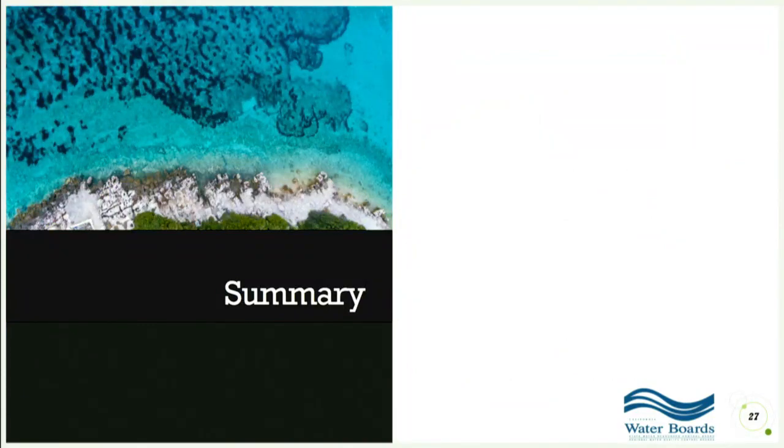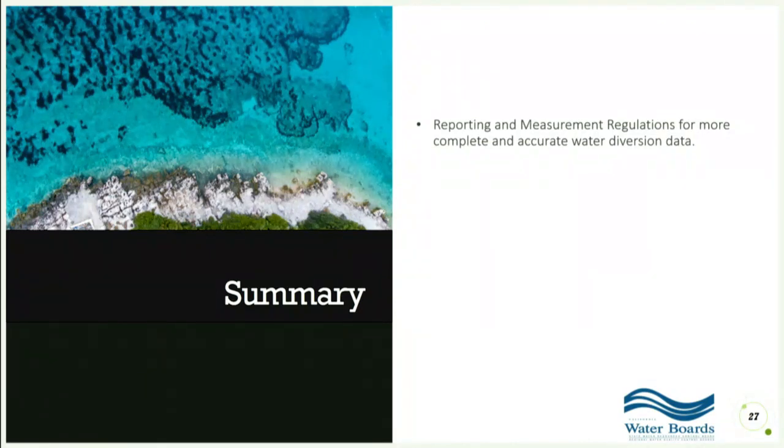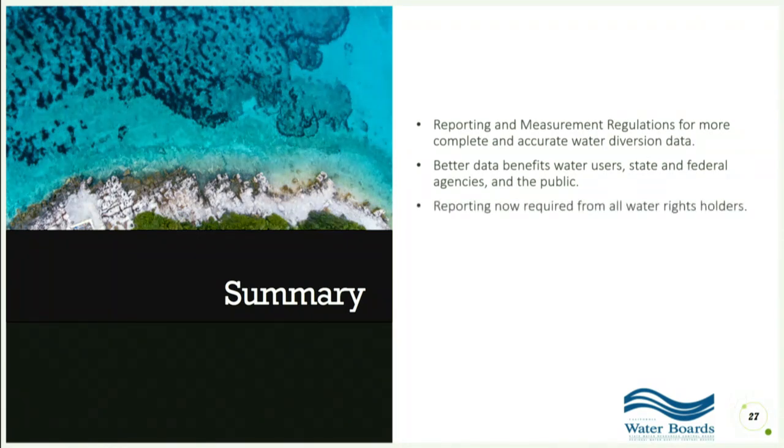Okay, so as a summary of my talk, reporting and measurement regulations are for complete and accurate water diversion data. Better data benefit water users, state and federal agencies, and the public. Reporting is now required from all water rights holders.